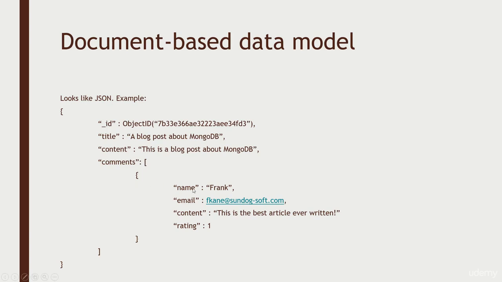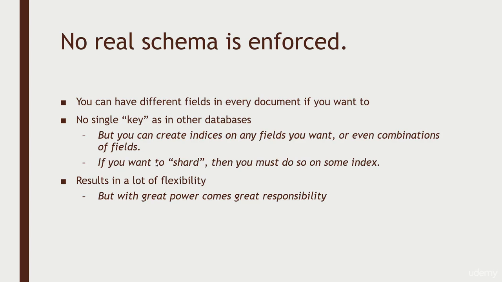This is an example of an embedded document, where we have a document representing a comment that itself contains a name, email, content, and rating. And I could actually have multiple of these embedded within this blog post document. So that's a little concrete example of what a document might look like in MongoDB.